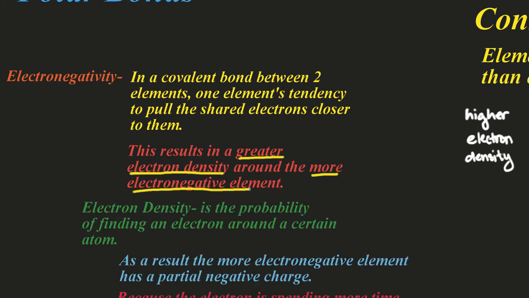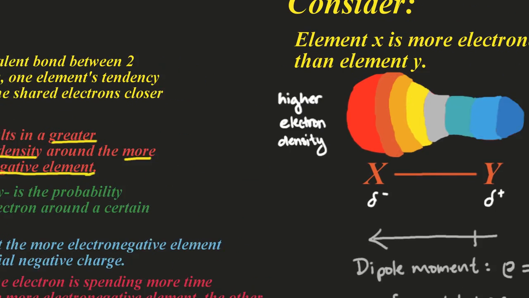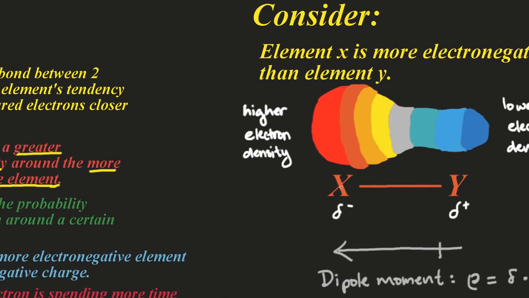Okay, what was electron density? Just in case you forgot, electron density has to do with the probability of finding an electron around a certain atom. So if it's got a higher electron density, there's a higher probability of finding electrons around the element X, for instance, in this case.